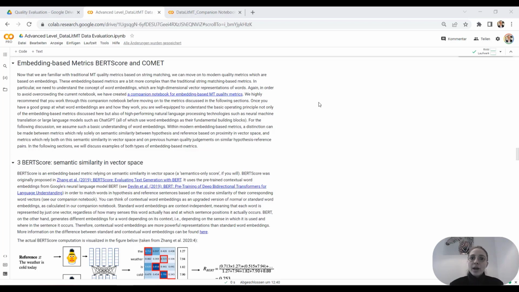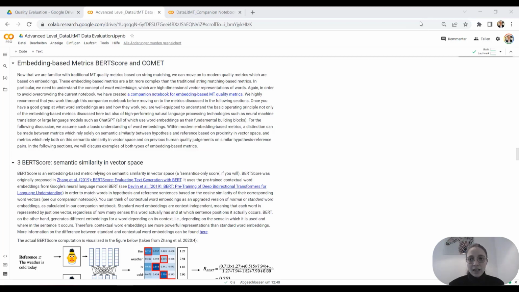Or they would compare car and automobile and see that it is not the same word. So they would consider this as a wrong word, as a wrong translation. Whereas these embedding-based metrics look at word embeddings, and what word embeddings do is that they look at the similarity.